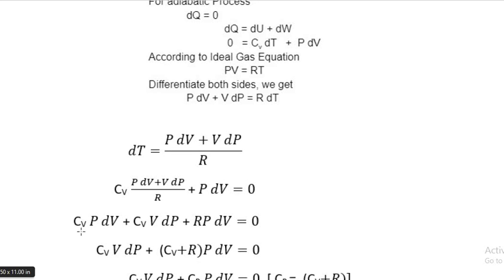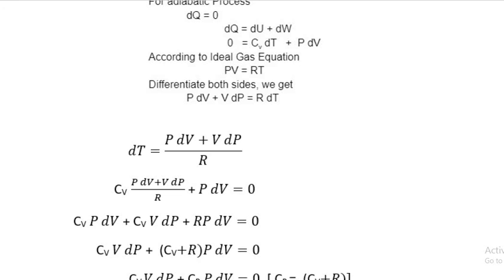So you get Cv P dV plus Cv V dP plus R P dV equal to 0. Take LCM and multiply with the Cv. This term, the first term in the LHS, you multiply with Cv and take LCM, you will get this.